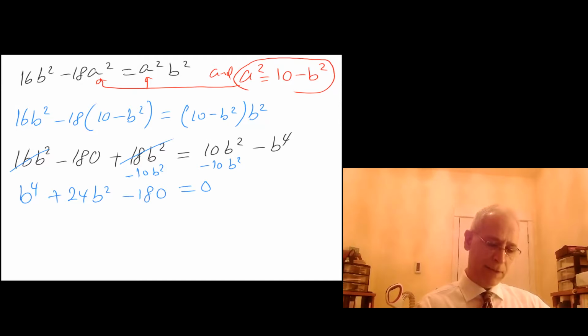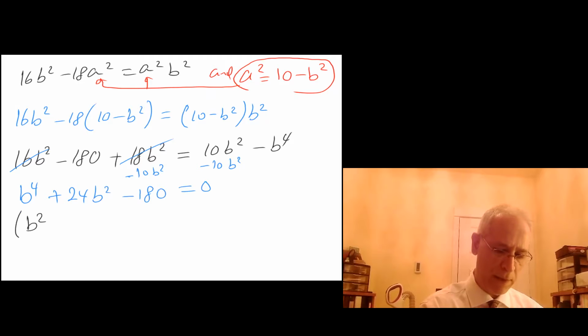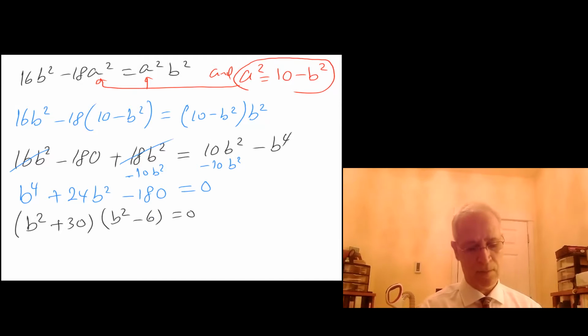Can I factor that? Two numbers that add up to 24 and multiply to minus 180. Okay, I think I can. I can factor this to b squared plus 30 times b squared minus 6 equals 0. Yes, it works.